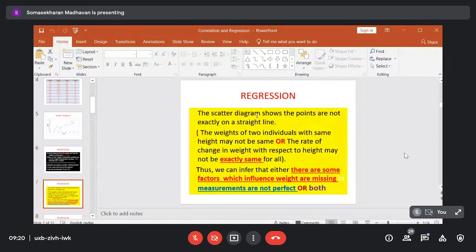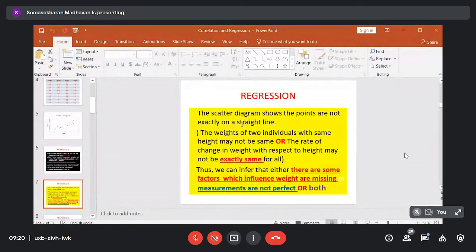The rate of change in weight with respect to height may not be exactly the same for all. Thus, we can infer that either some factors which influence weight are missing, or measurements are not perfect, or both. These are the possible reasons for the inexactness of the relationship.